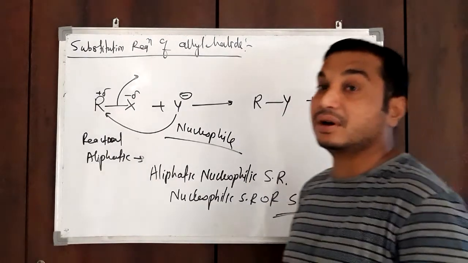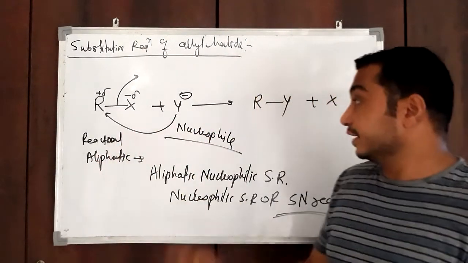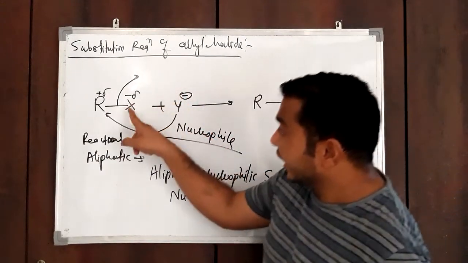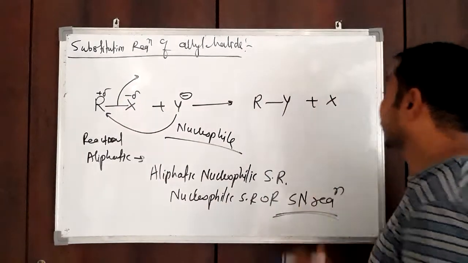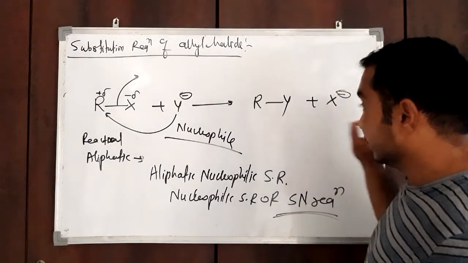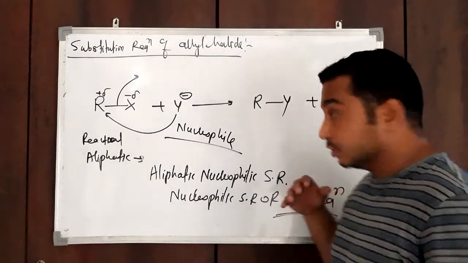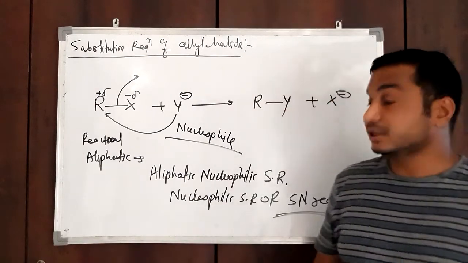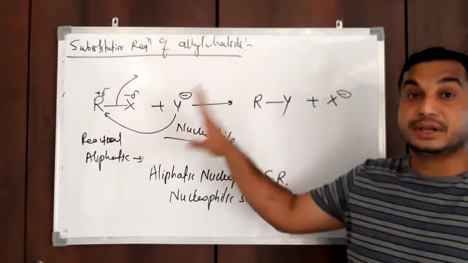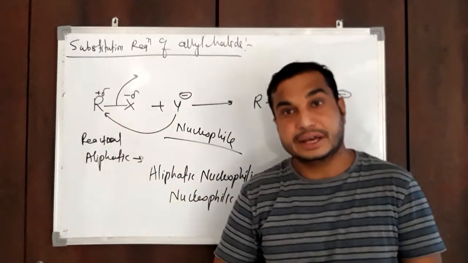SN reaction stands for nucleophilic substitution reaction. Here reagent Y is negative, replacing the halogen atom from this alkyl halide molecule, giving this type of product. This is the nucleophilic substitution reaction. So dear students, in the next coming class we will discuss various examples of nucleophilic substitution reaction one by one. Thank you very much.